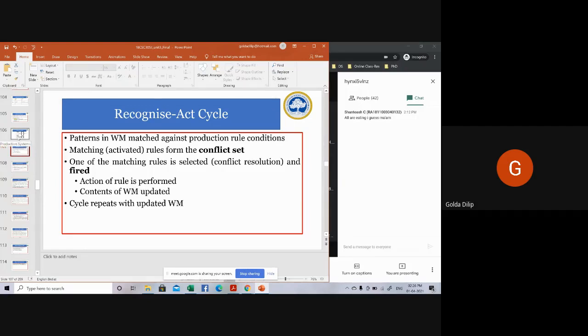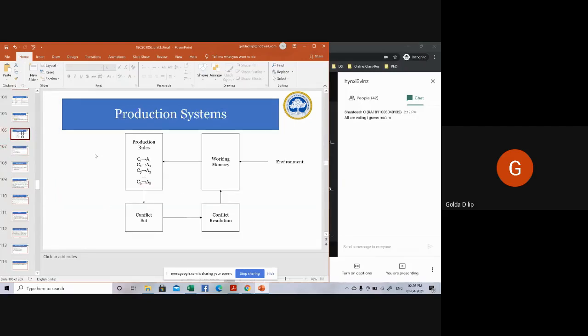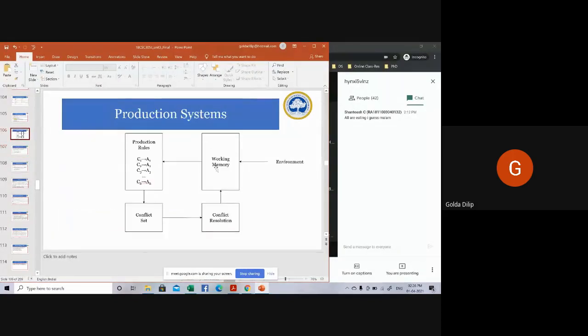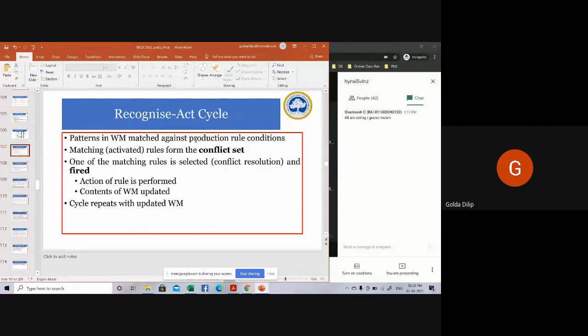Next, moving on to the recognize-act cycle. This is the same thing I just mentioned as part of the production system, written theoretically here. The patterns in your WM, that is your working memory, are matched against the production rules. Then from the conflict set of matching rules, one will be selected and that action will be performed or fired.